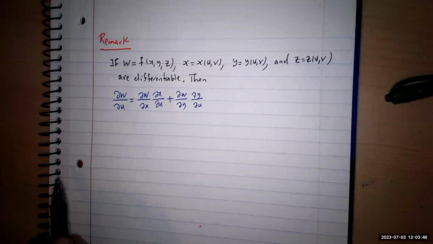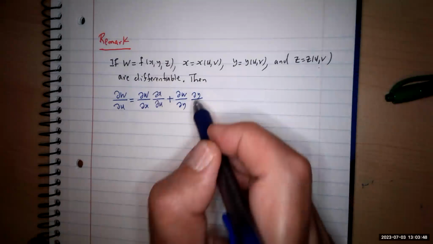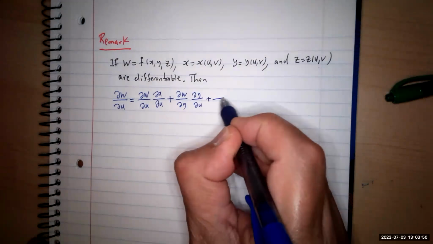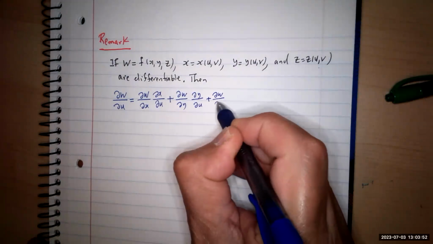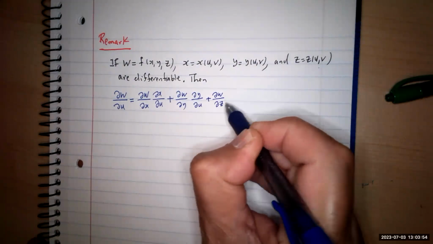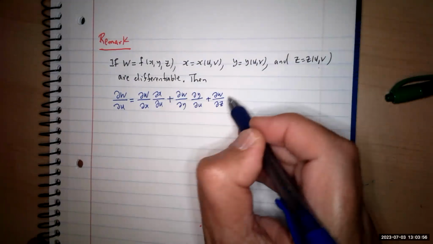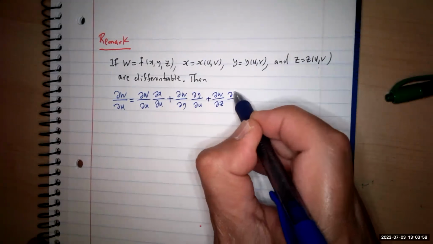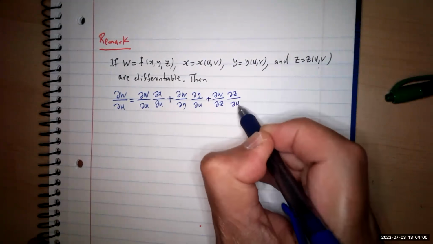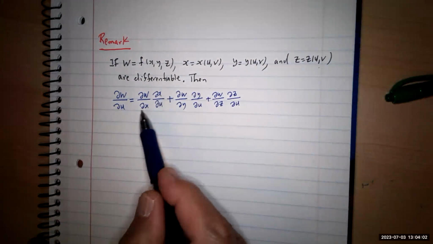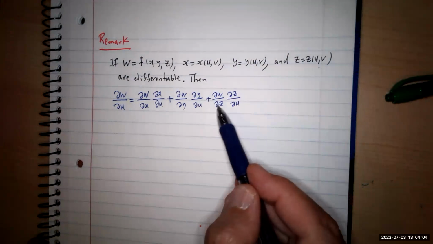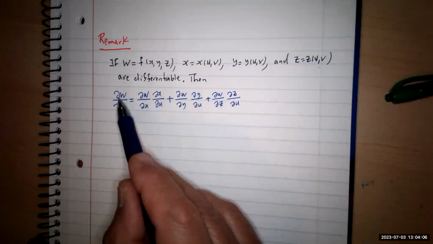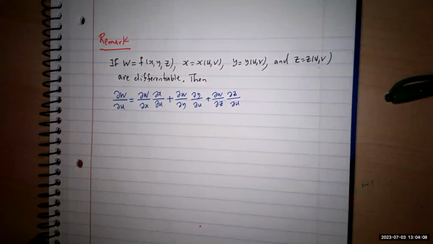We continue. W is a function of z, so it's going to be round w round z, but z is a function of u, so that gives round z round u. That is your formula. You see, if you cancel all those diagonal terms, if you like, you end up with round w round u all the time. This must be your case.